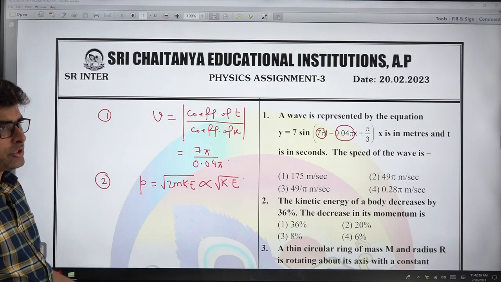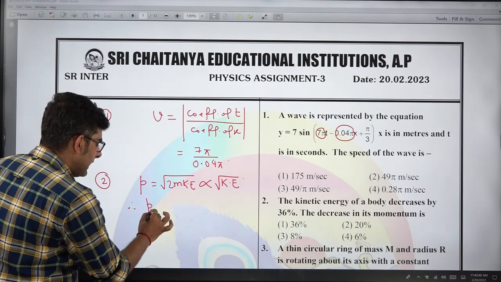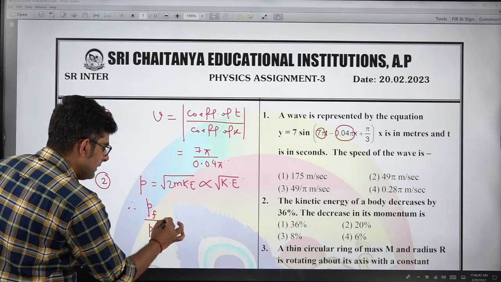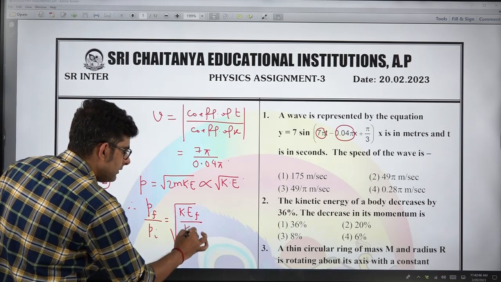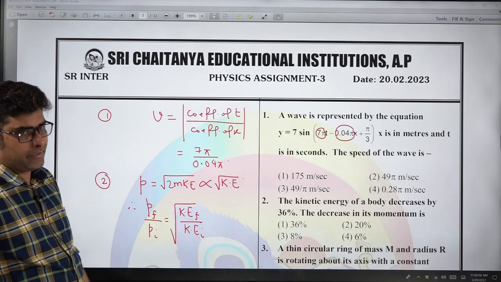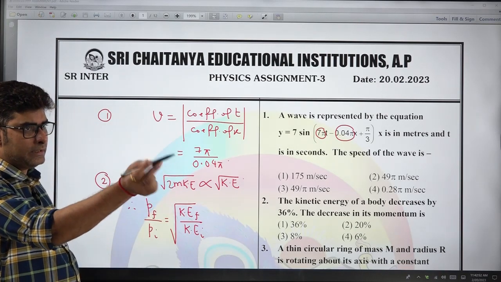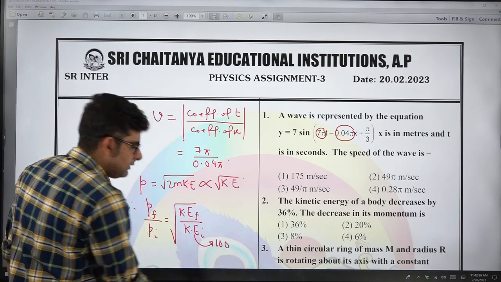And for percentage questions, I have been continuously suggesting the best way is what you can write is Pf by Pi is, from here first you will write root KEf by KEi, always take 100 as the reference value. So they are saying kinetic energy decreases by 36%, so take the initial kinetic energy as 100.